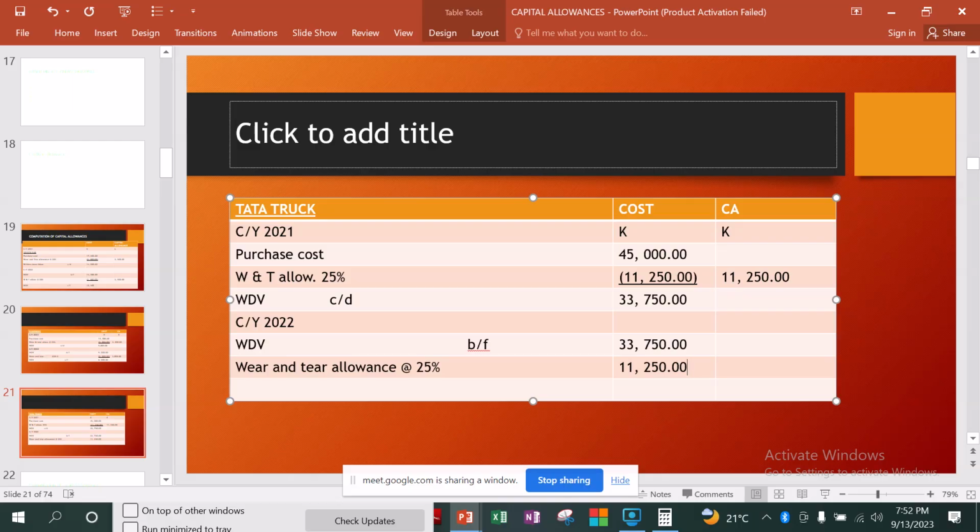So we are deducting from there. So we register that we have again claimed 11,250 as capital allowance. And what do we remain with?